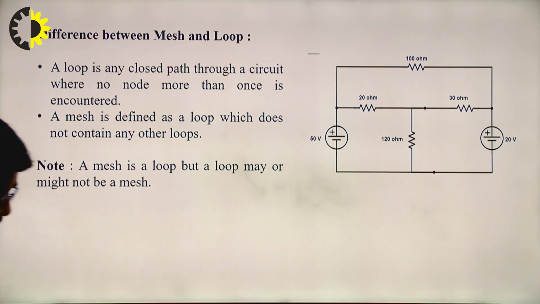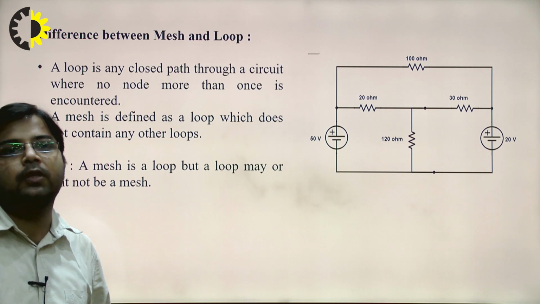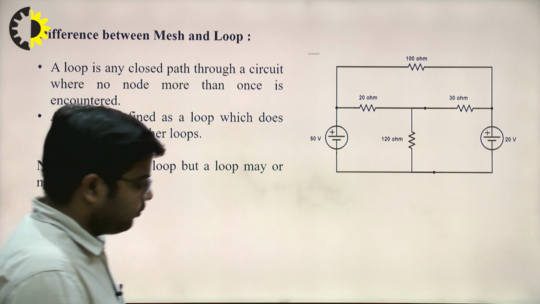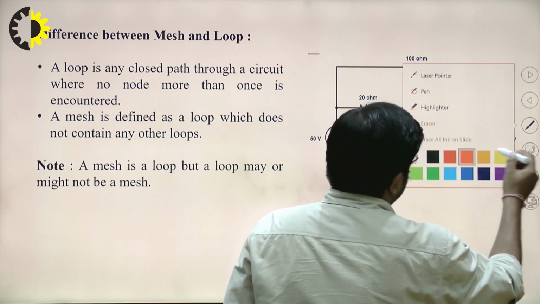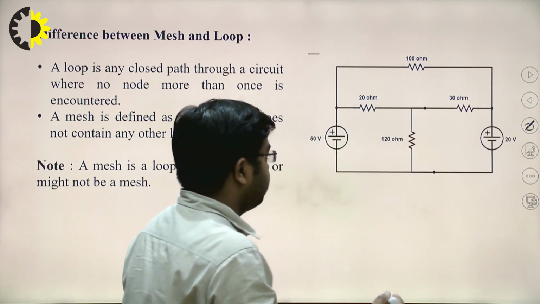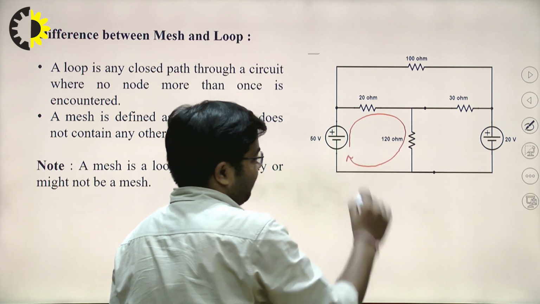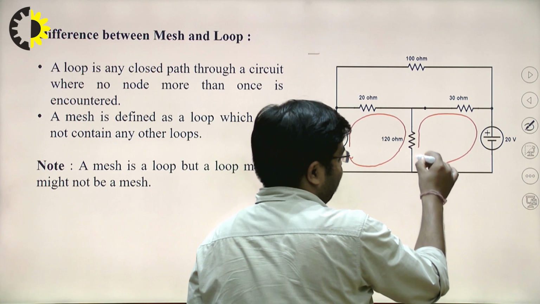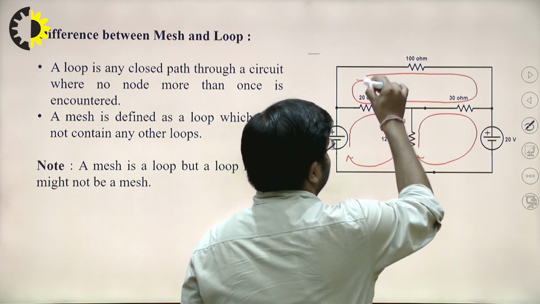A loop is any closed path through a circuit where no node is encountered more than once. So here you can see, this is a loop, this is a loop, this is a loop, and this is a loop.